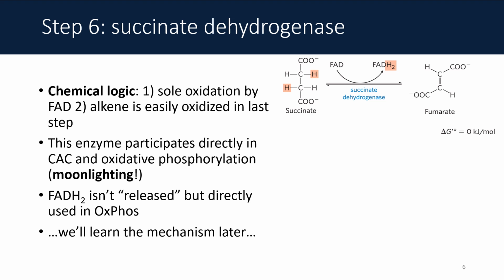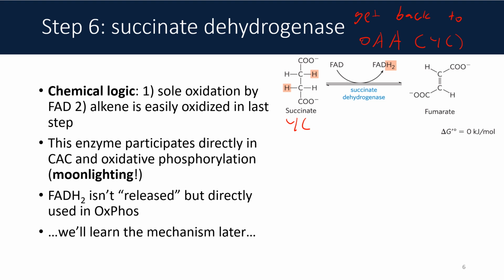Now that we have liberated succinate, which is a 4-carbon acid, from succinyl-CoA, the goal of the citric acid cycle moving forward in this last third is going to be getting back to oxaloacetate, OAA, which is also a 4-carbon compound.